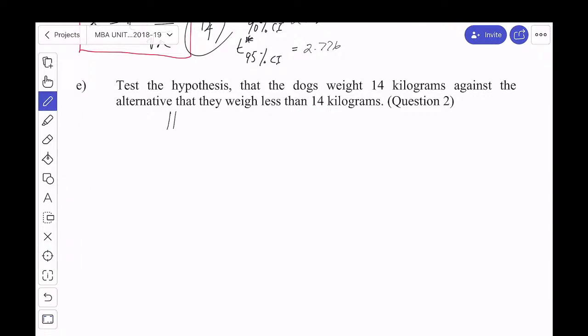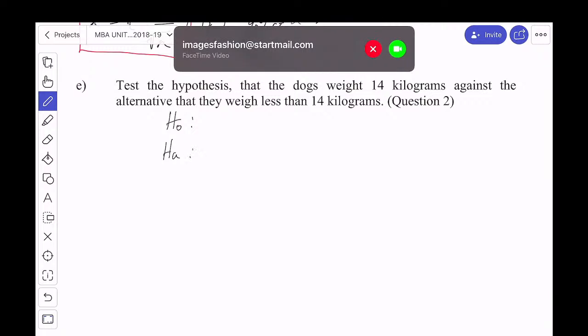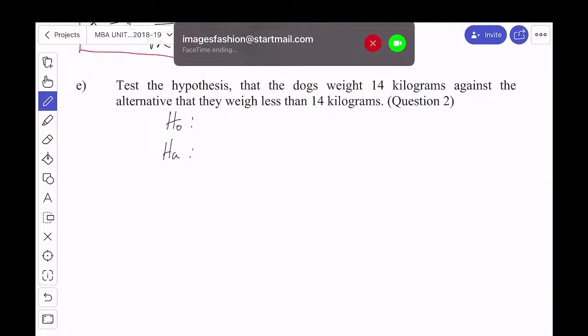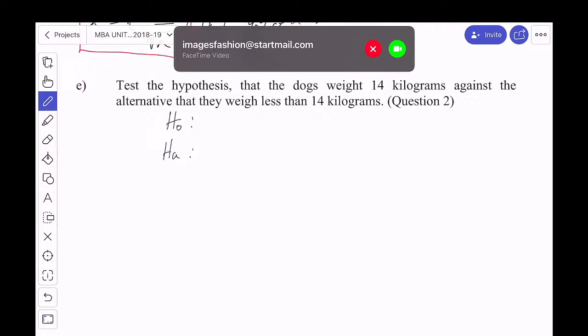What you have to remember, we're going to work through the steps just like we do before. It's my niece again. Sorry. I have to call her. She's going to keep calling me. Hold on a moment.